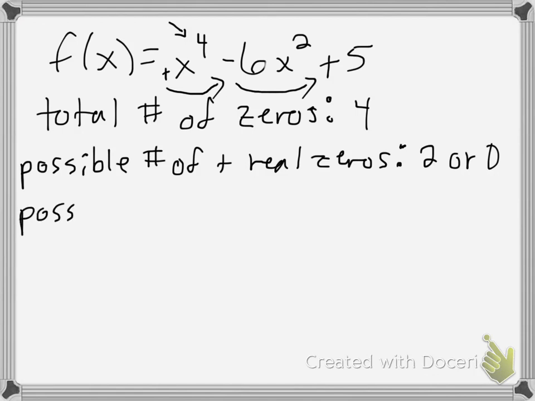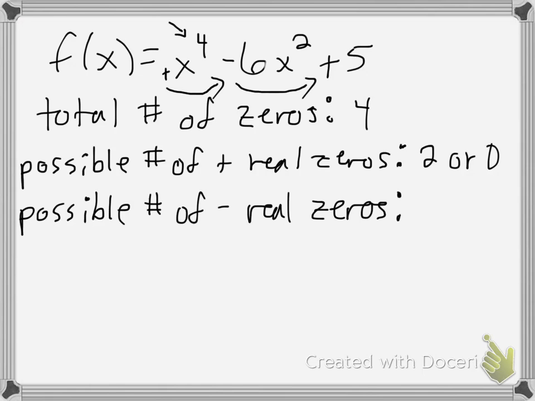Now let's look at the possible number of negative real zeros. If you remember, we find f of negative x and look at the sign changes within that.